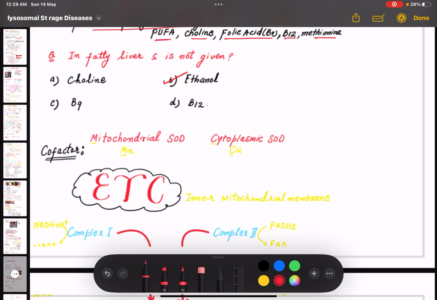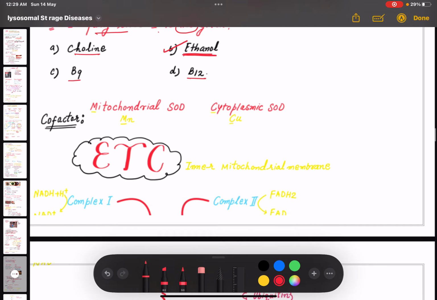Now see the question: in fatty liver, which is not given? We can give choline, B9, B12 because they are lipotropic factors, but we don't give ethanol. Ethanol is an alcohol which can itself lead to fatty liver. Therefore, it is avoided in fatty liver.